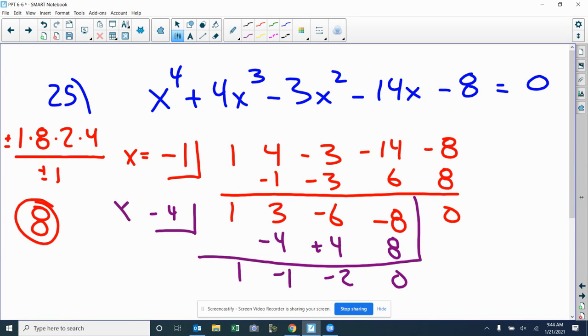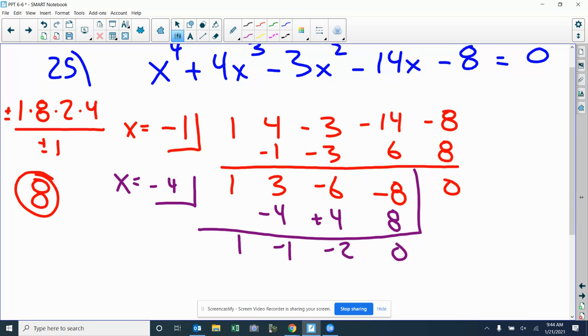Awesome. 2 down. We're ready to try our quadratic now. This is gonna be 1x squared minus x minus 2 equals 0. So here's the quadratic. X squared minus x minus 2 equals 0.